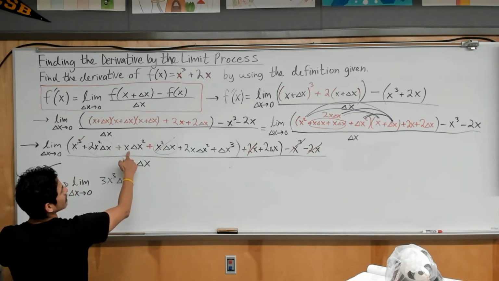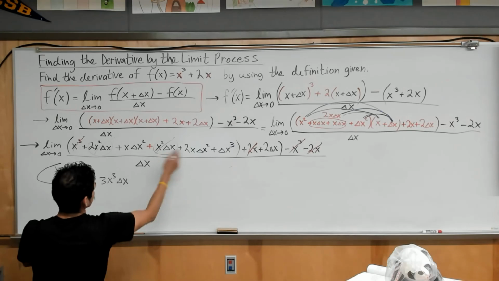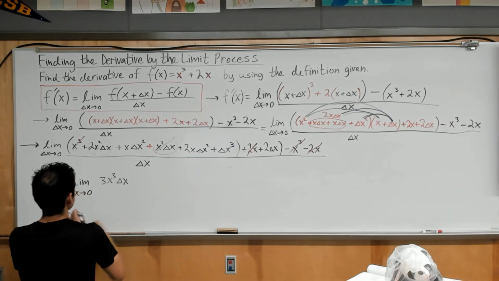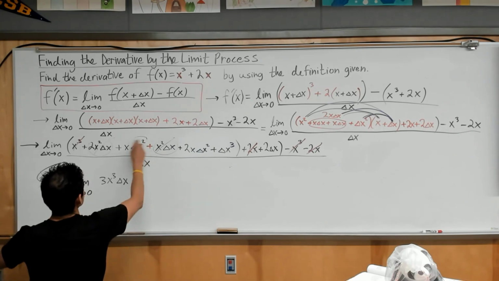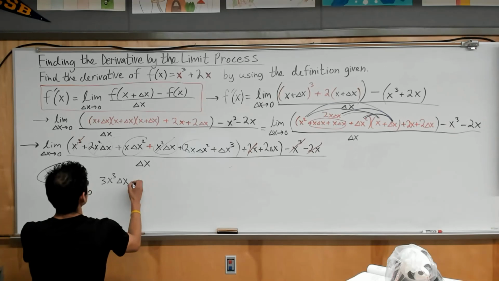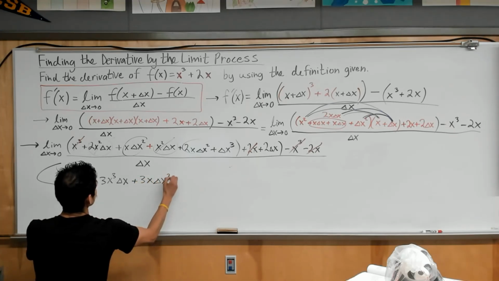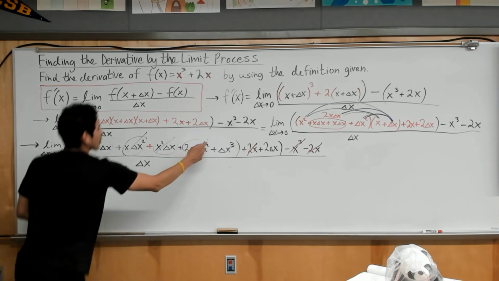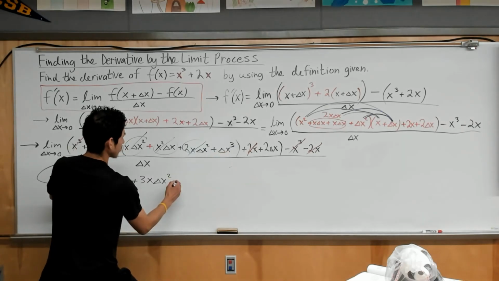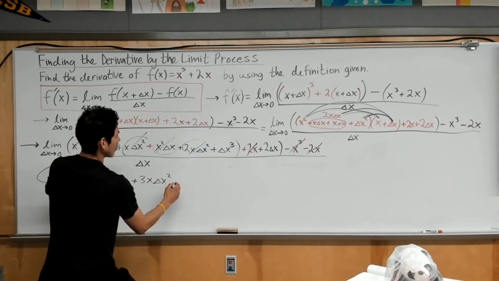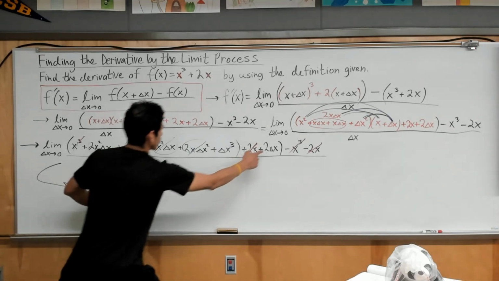Then we've got x times delta x squared here and 2x times delta x squared there. So this and this, so plus 3x delta x squared, plus a delta x cubed, plus 2 delta x.